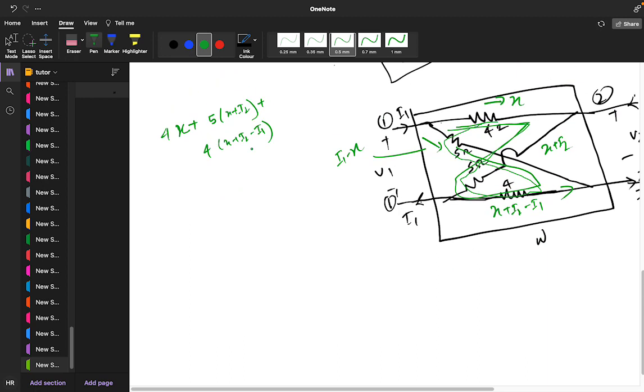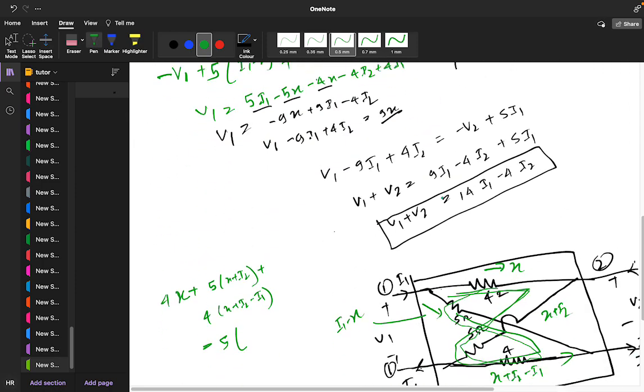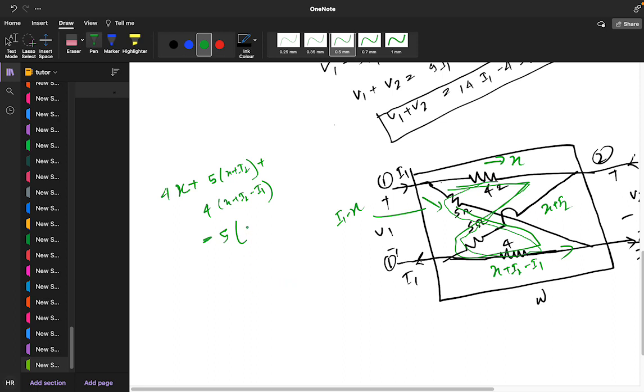So minus 5 into what is the current in this? I1 minus X. I1 minus X is equal to 0.